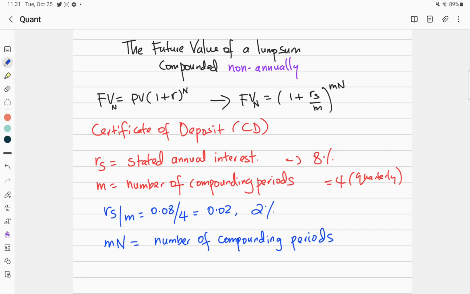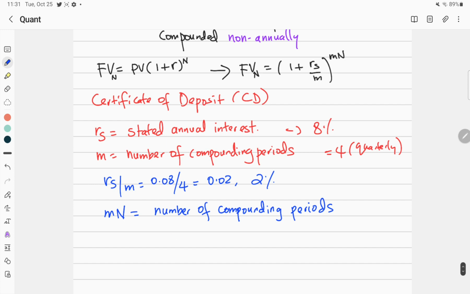So since it's compounded quarterly, for the first year, it will be compounded 4 times, right? Second year, it's compounded quarterly.